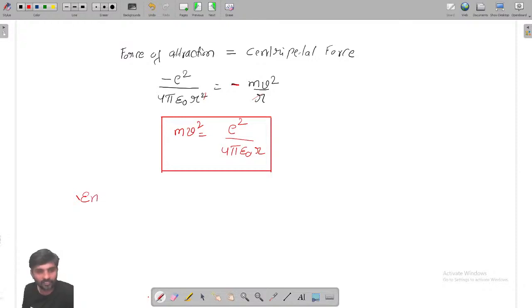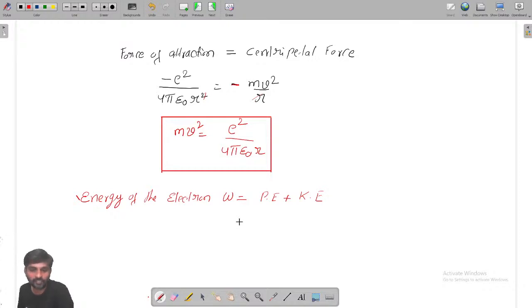So, the energy of the electron, let's say W, is a summation of its potential energy plus kinetic energy. Potential energy and then kinetic energy.